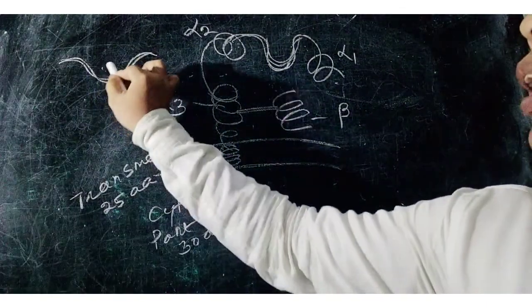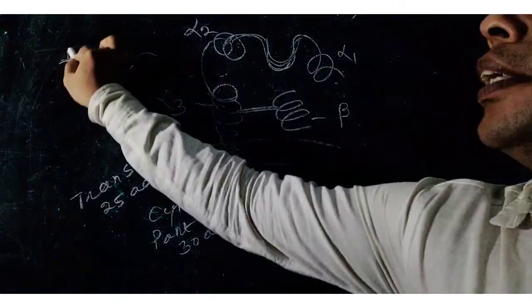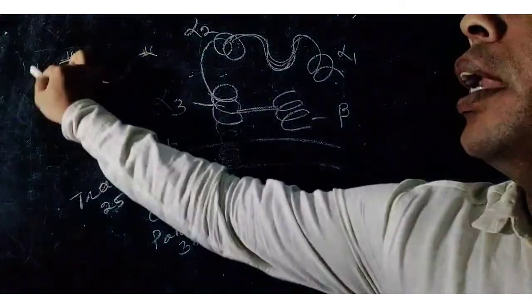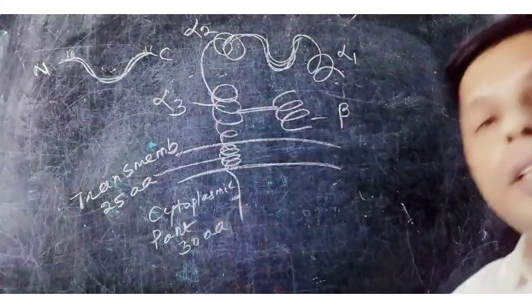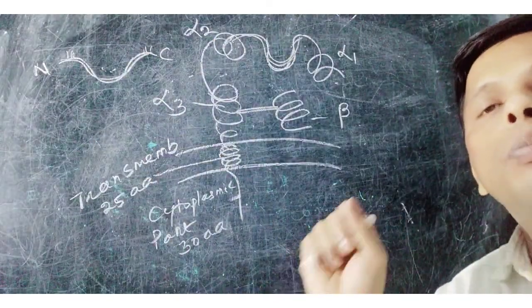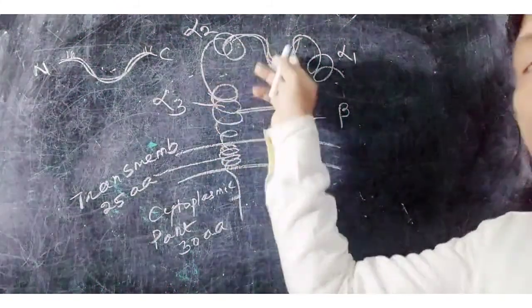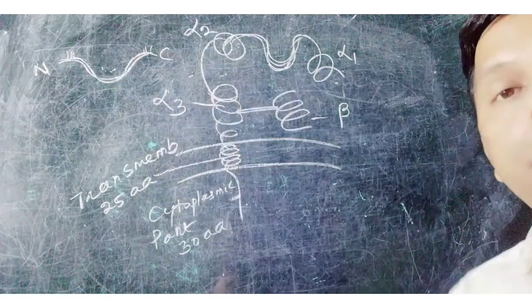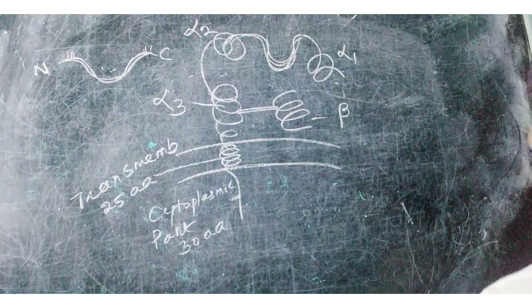In this groove the antigen gets buried, and these are the binding parts, one N terminal and another C terminal. This groove is sufficient for binding 8 to 10 amino acids. So alpha 1 and alpha 2 help in binding of antigen, small peptides of 8 to 10 amino acids.